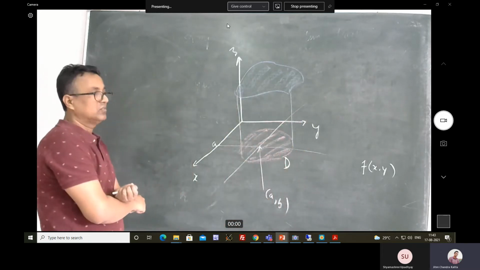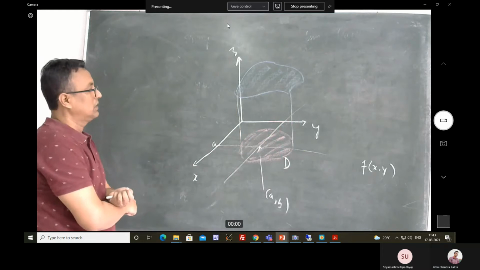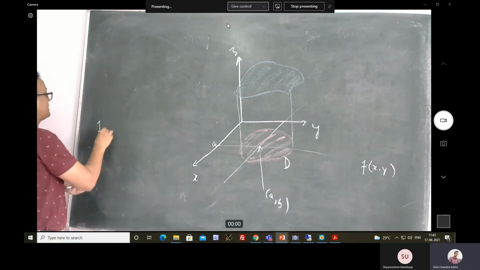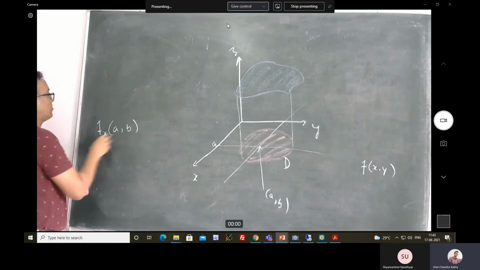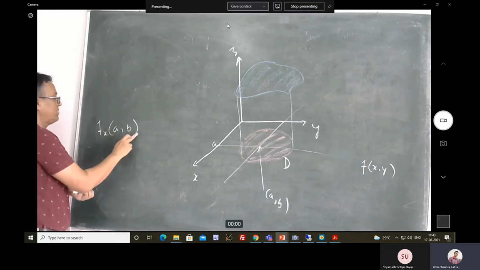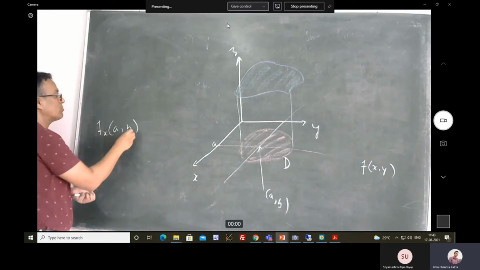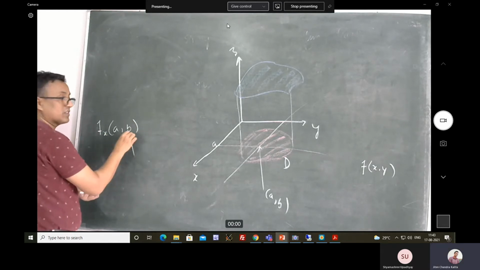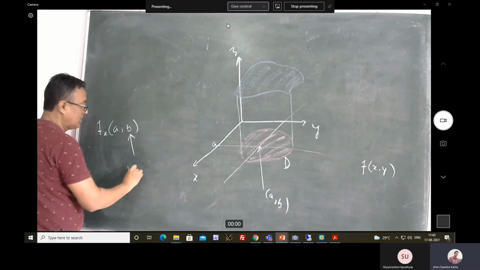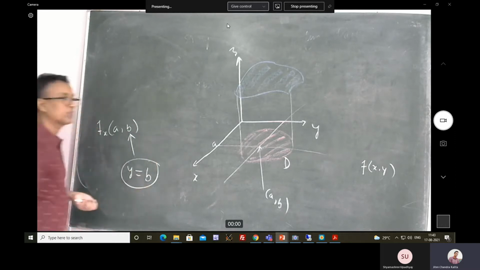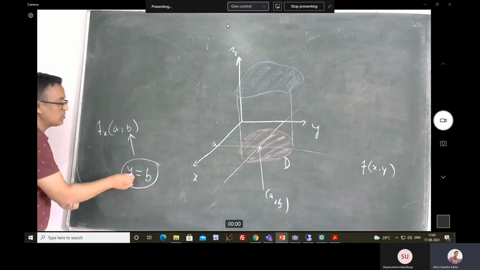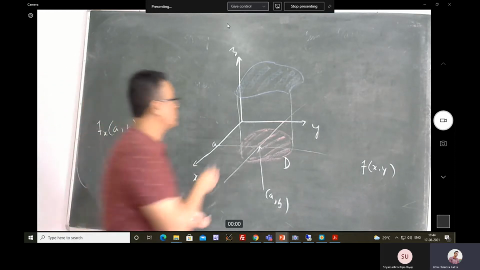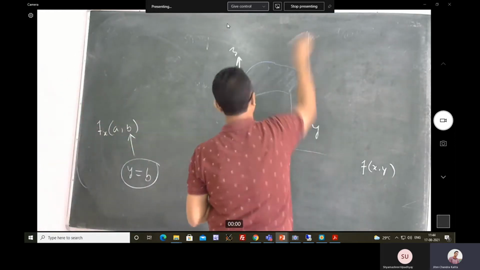Now, when trying to find the partial derivative of the function f at the point (a, b) with respect to x, we are going to fix b. And you know that y equals b represents a plane, right?